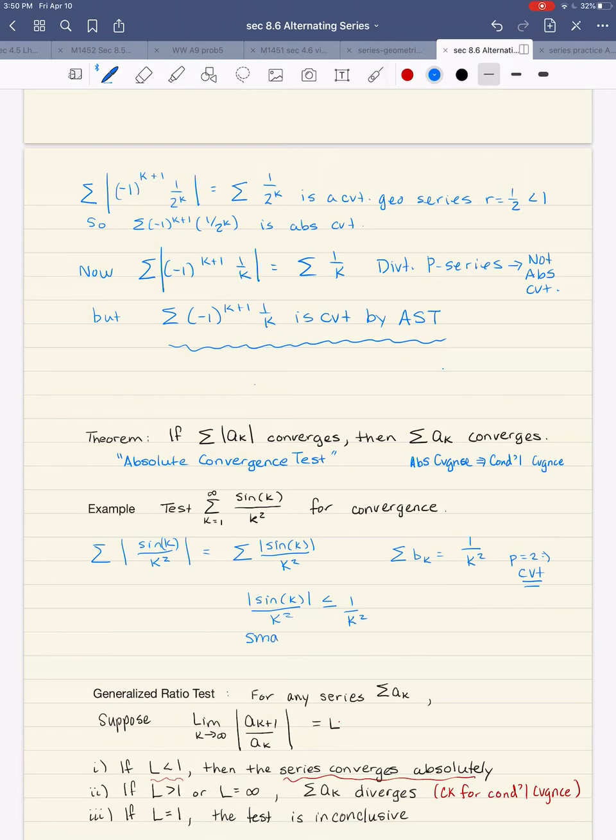So in this example, the series that I'm testing is smaller than a convergent series. And anything that's smaller than convergent is convergent by the direct comparison test. So I tested this in absolute value, got that it was convergent, therefore this series is absolutely convergent.